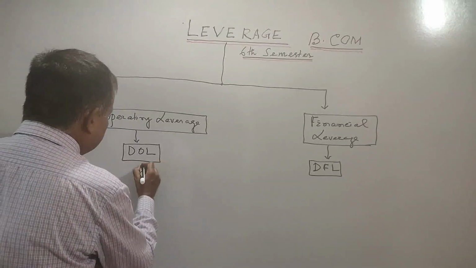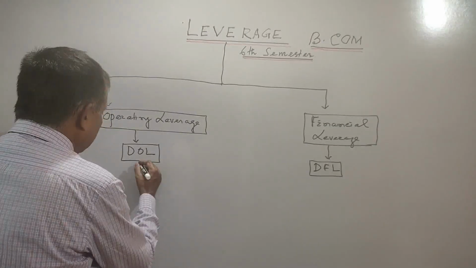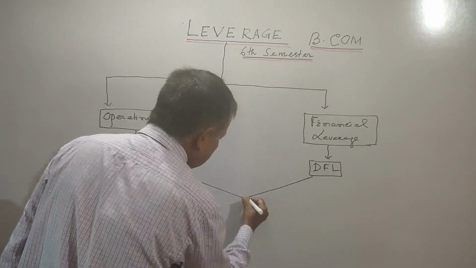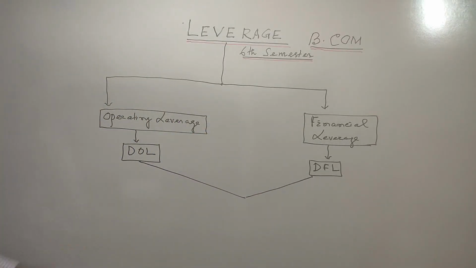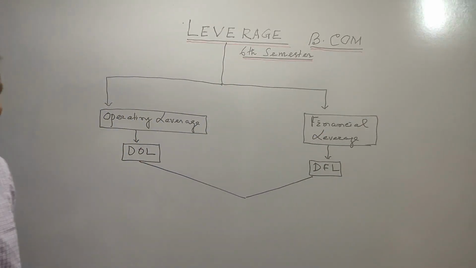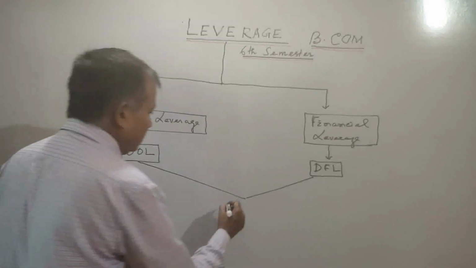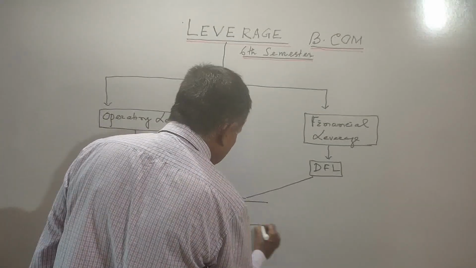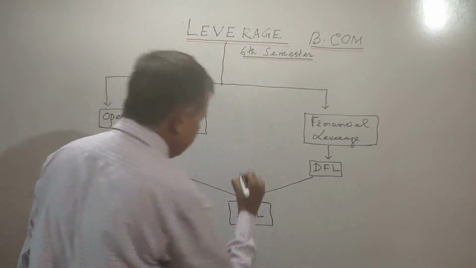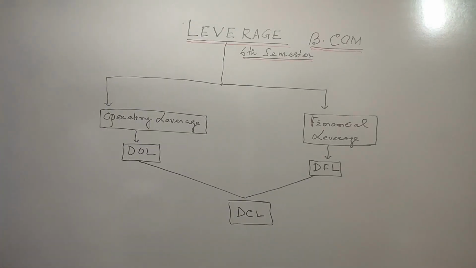In some cases we take both leverages, operating leverage and financial leverage, clubbed together. This is called DCL, or degree of combined leverage.